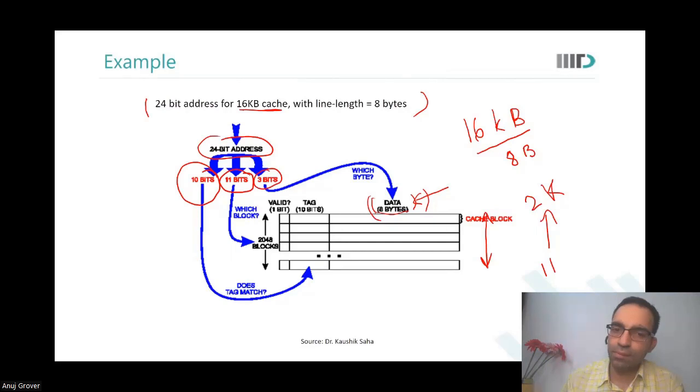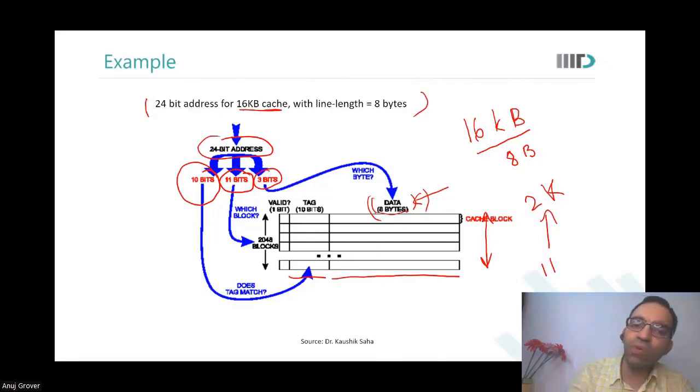So in the memory, what were you storing? You were storing 8 bytes of data, 10 bits of tag, and 1 bit which could be a valid bit. We'll talk about the purpose of the valid bit a little later. When you access a particular line or location, the tag is fetched along with it because it is in the same word.